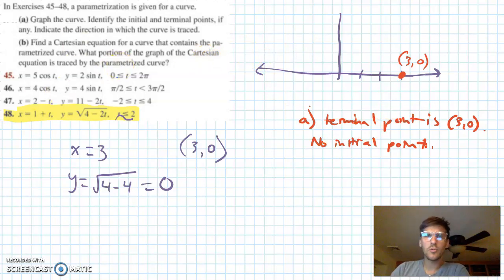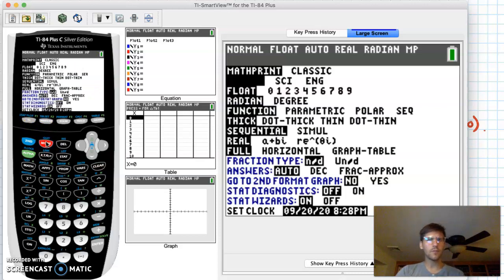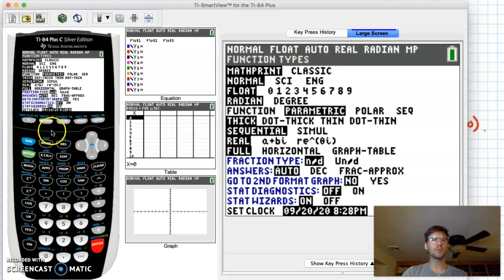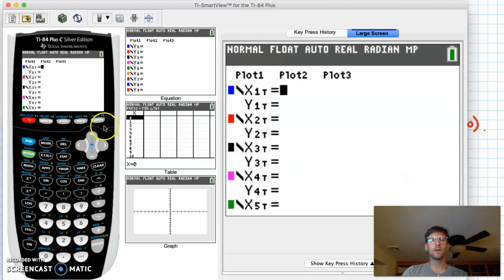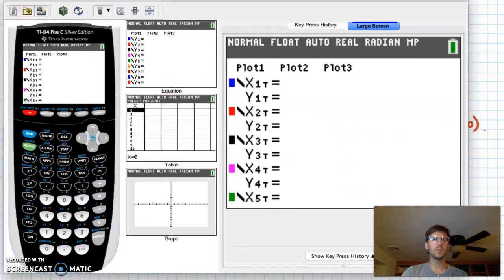I could show quickly how you can graph parametrized curves using your graphing calculator. One way to do this is if you go on your TI grapher, when you scroll down, in this case it's my 5th row, there's actually a parametric option. Then I could simply put in the equation as I had it. What was it again? 1 plus t.